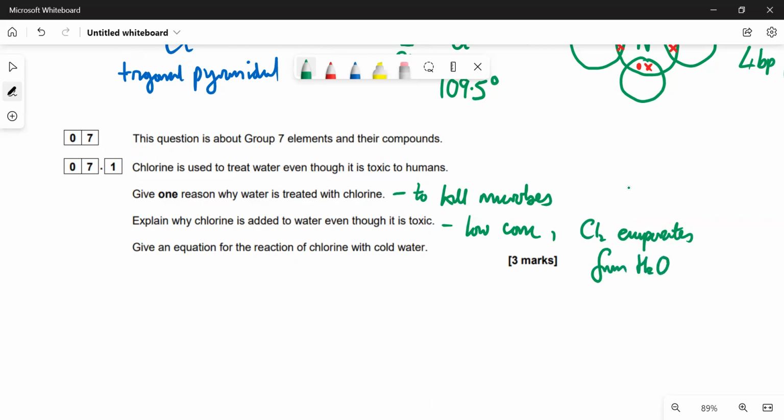Okay, an equation for the reaction of chlorine with cold water. So this is a straightforward recall. If you get chlorine and you react it with water, you actually get a disproportionation reaction happening. You get hydrochloric acid, HCl, and you get hypochlorous or chloric(I) acid, which is HOCl.